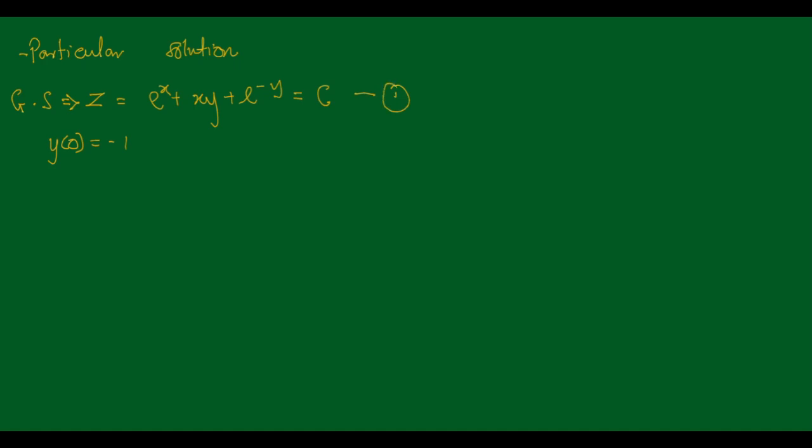Let's call this equation 1. So we can substitute x is equal to 0 and y is equal to minus 1 in equation 1 to get the value of c.